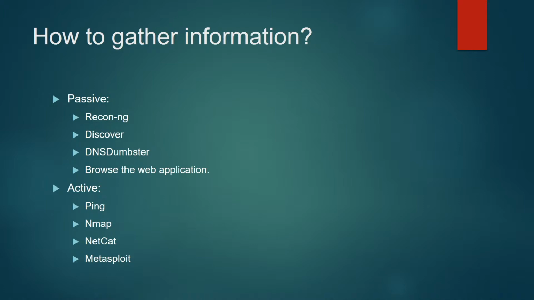And therefore we can start searching for different pages, different directories, even more records, and more information, for example who it belongs to, and many more things. We can even browse the web application that sits on that web server to see if we can find anything valuable or vulnerable there.